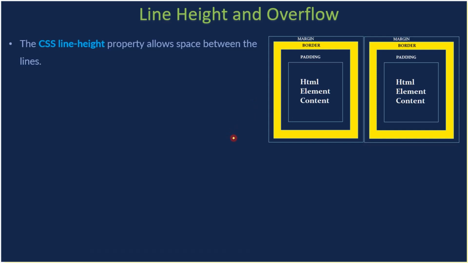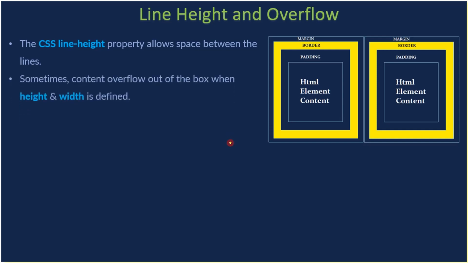So see, the CSS line height property allows space between the lines, right? So that's a CSS line height property. Sometimes content overflow out of the box when height and width is defined.